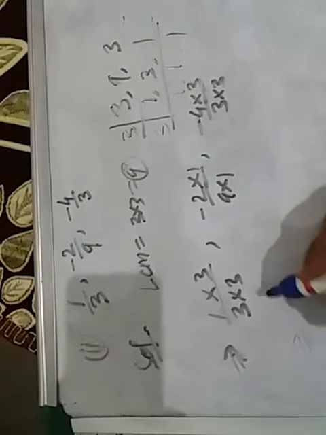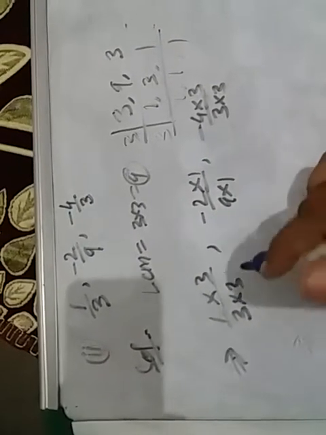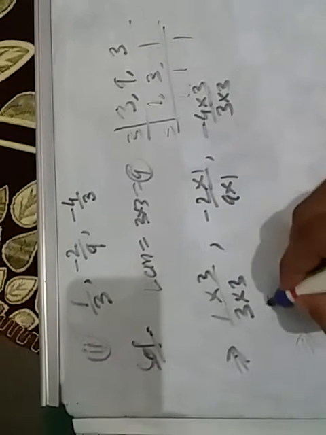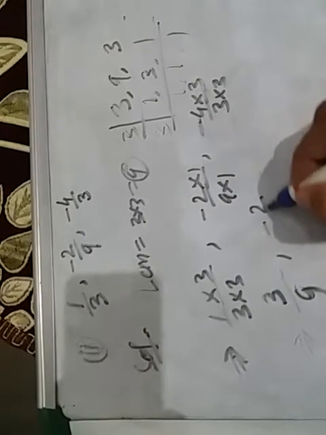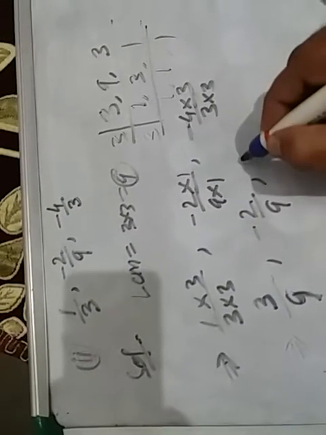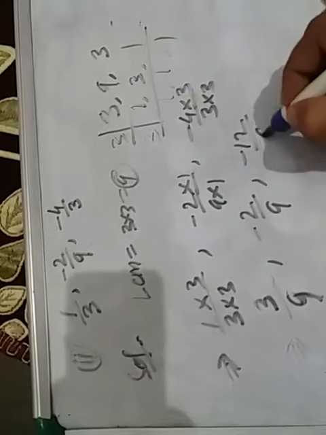Okay children, this implies that 3 upon 9, minus 2 upon 9, and minus 12 upon 9.